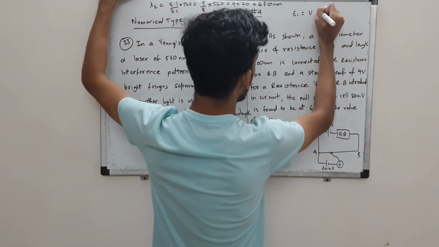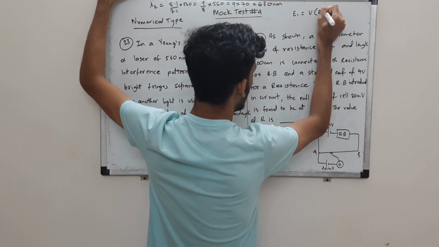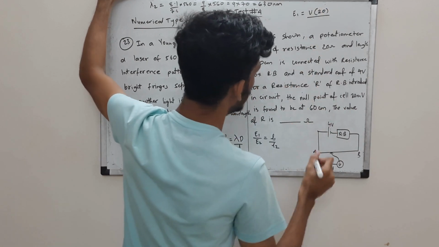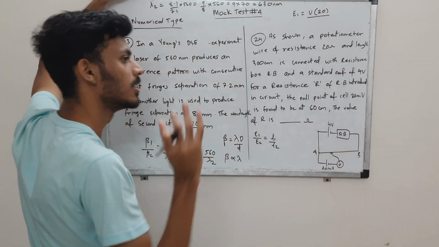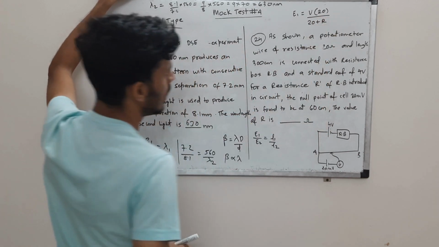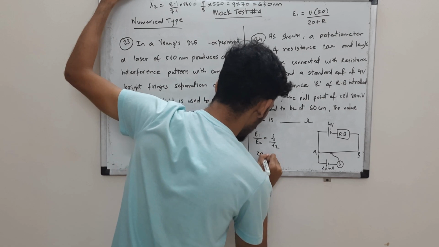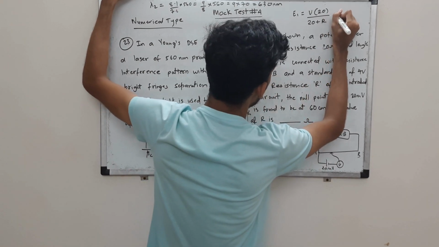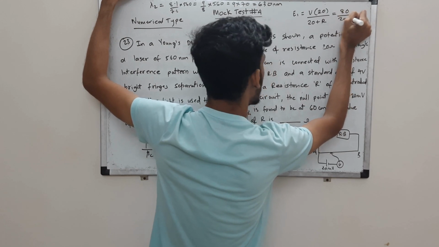So the total voltage into the resistance of the particular wire, 20, and in the denominator you'll have the resistance of the wire plus the other component. The other component is the resistance box, right? So that is E1. So 20 times V is nothing but 4, so 4 times 20 is 80, by 20 plus R we can write.